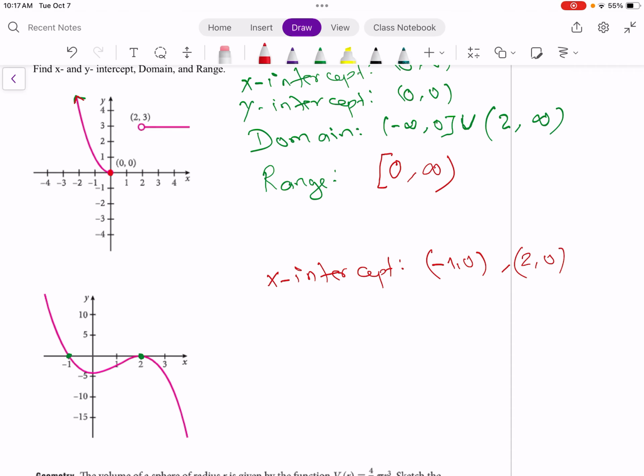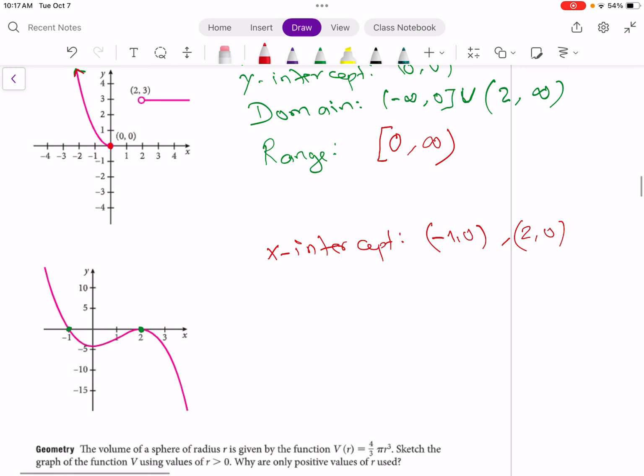These two are the x-intercepts. It's the point where the graph touches or crosses the x-axis. Next we have the y-intercept, and the y-intercept is the point where the graph touches or crosses the y-axis, and the graph crosses the y-axis at this point.